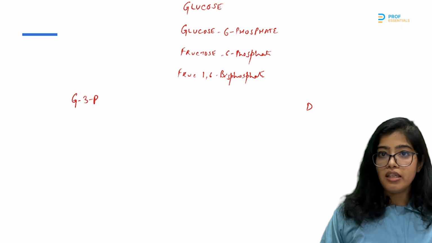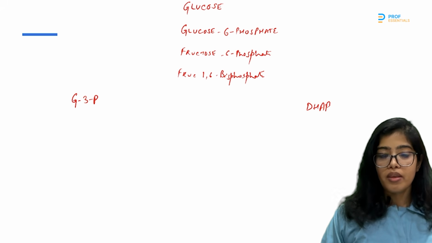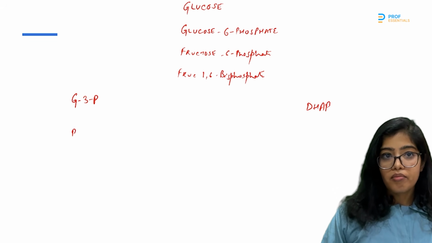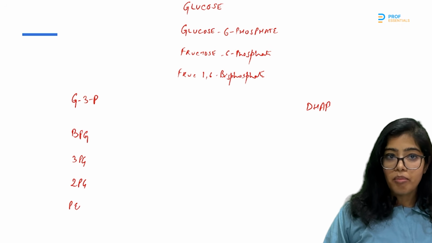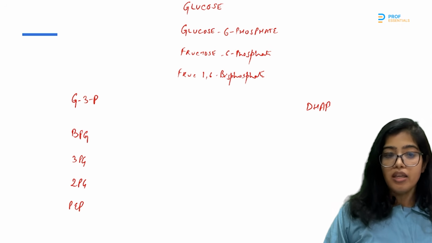Dialogue is DHAP, dihydroxyacetone phosphate, by bisphosphoglycerate. 3 people, 2 people for petty. Petty is PEP, phosphoenol pyruvate. Party, pyruvate.